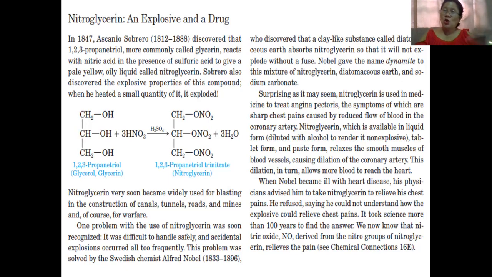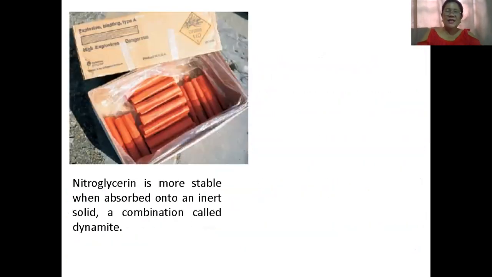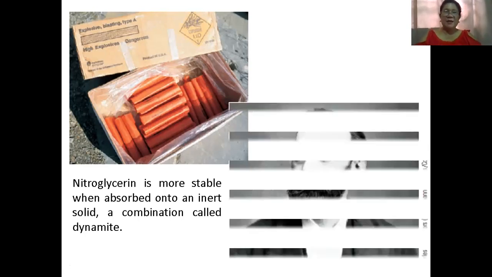Okay, the tulo, the triol. Okay, so here, this nitroglycerin is more stable when absorbed in inert solid. So ginabutang yun na siya in between, gina sandwich, no, in an inert solid or a clay. Okay, like so, that is dynamite.